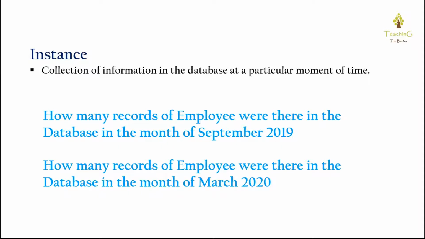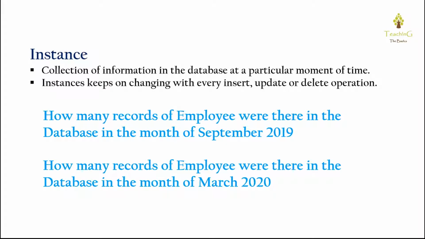Now you see the instances keep on changing, right? So why does it change? Because with every insertion, like I have updated, some new employees came. So with a new update or new insertion or deletion operation in the database, the database instances keep on changing.